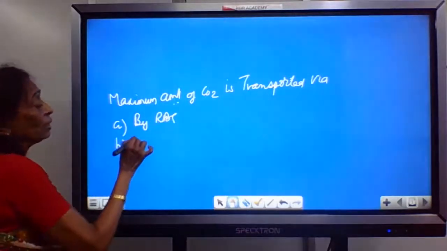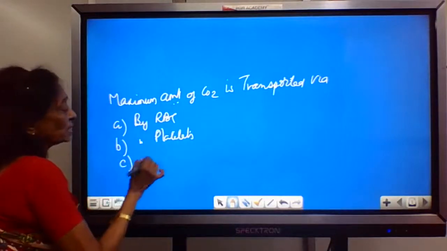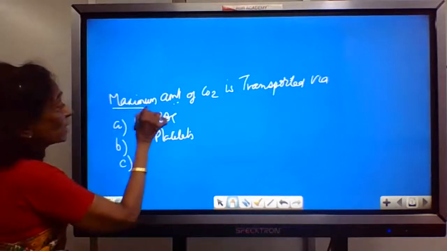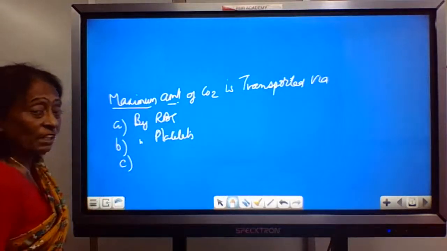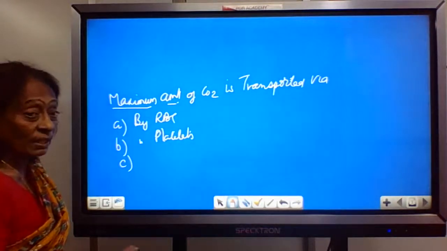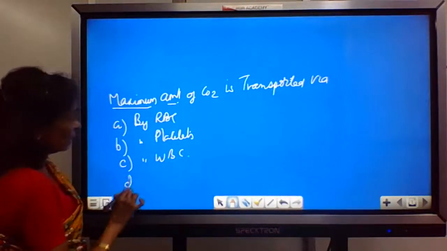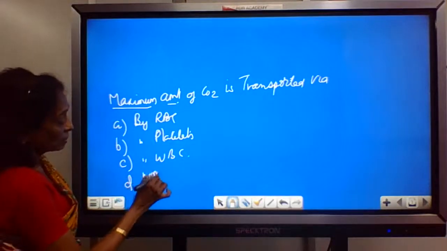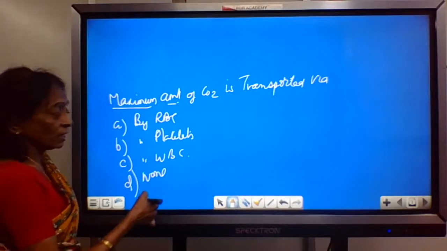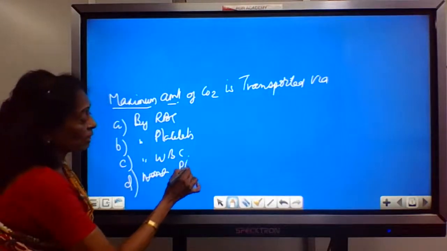They can muddle up with platelets, or give the name of another cell. If they give it by RBC, the maximum amount is not by RBC. The maximum amount is in the blood plasma, about 70%. They can say platelets or WBC, and I'll muddle you up and give you one more option, none, as the fourth option. Instead of none, I can write plasma.